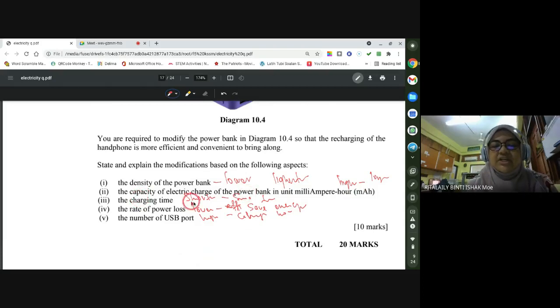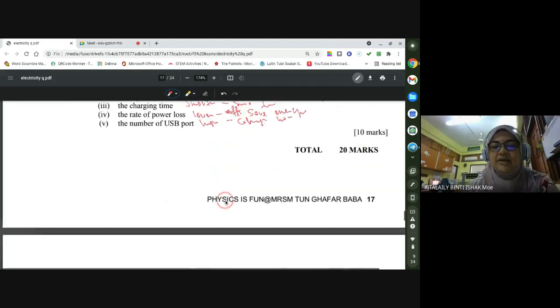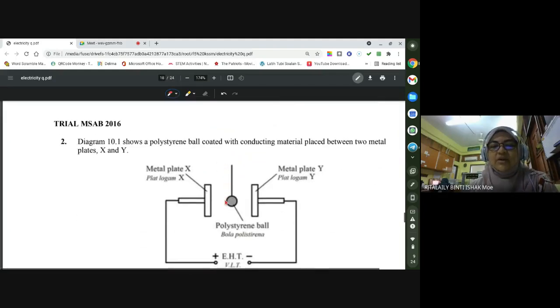As for the charging time, we need shorter charging time to save time, so we can use it more frequently. The rate of power loss is low so that we can save energy. We cannot use efficient as our answer because it is already in the question. And number of USB ports is high so that we can charge more phones. Okay, very good. So let's continue with question 2.